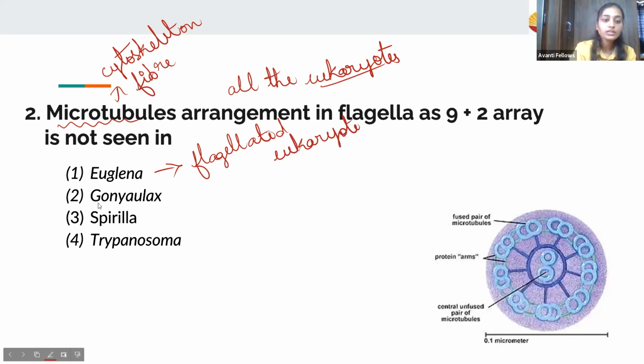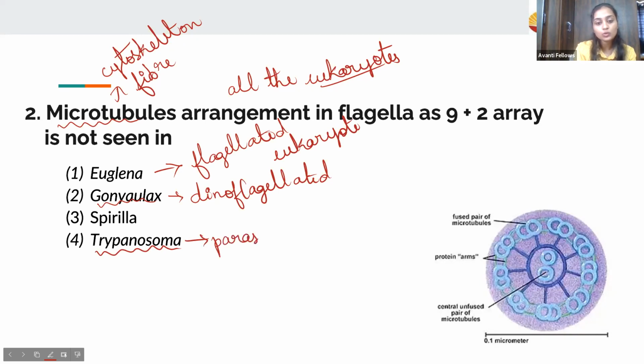And when we come to Gonyaulax, it is also a dinoflagellate eukaryote. Correct? And when we come to Trypanosoma, it is a parasitic protozoa. Correct?